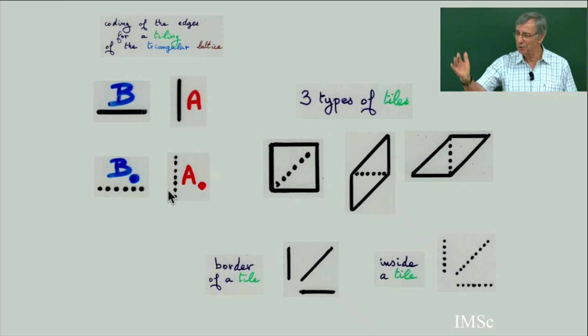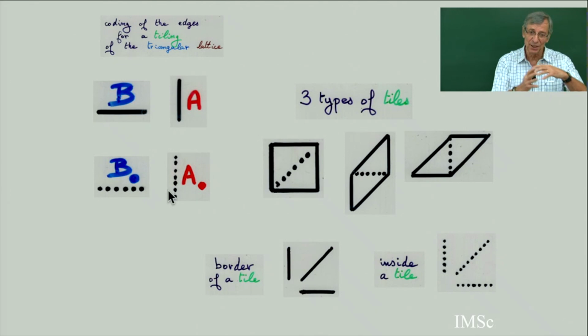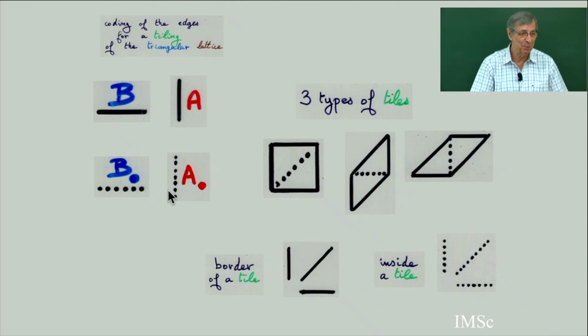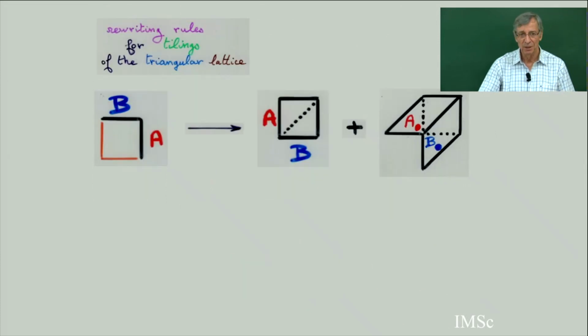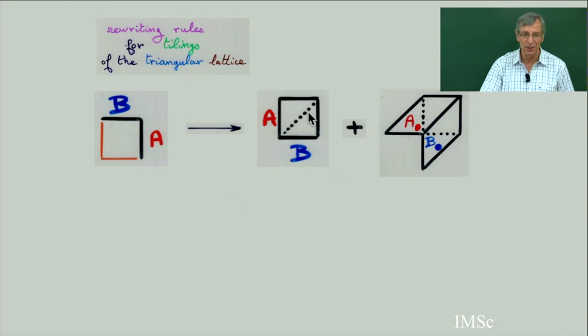And then I am going to read my tiling with these operators, like the idea of planar automata or rewriting. I'm going to read the whole tiling and see what happens with the operators B, A, B dot, and A dot. So first, if you have a B followed by an A, these are edges of a tile, and looking at all the possible configurations, I have 2 possible configurations.